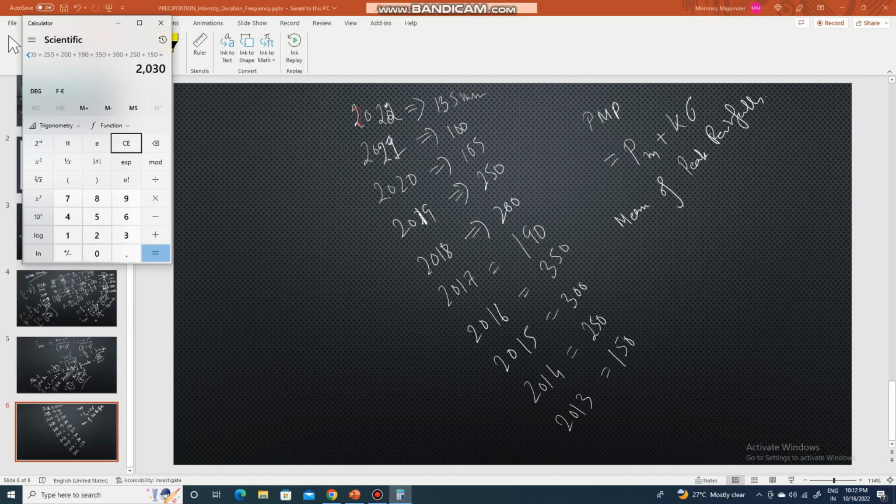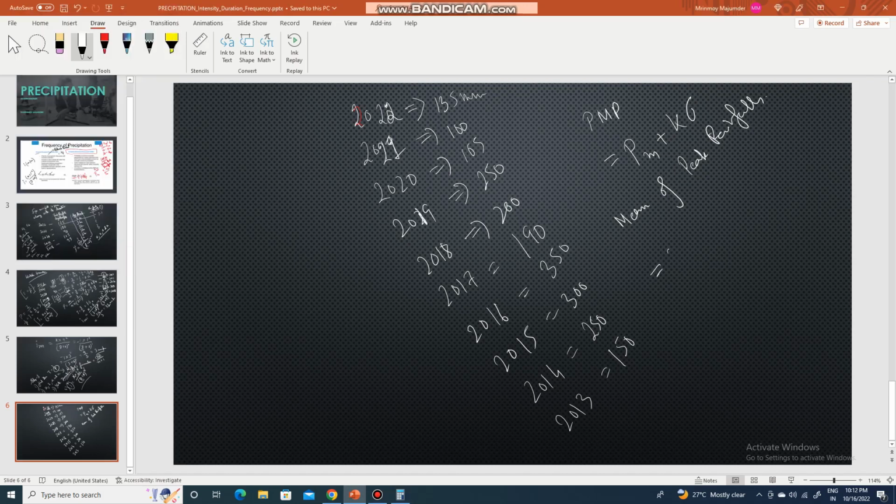So the total summation is 2030. There are 10 number of rainfalls, so divided by 10. So the mean is coming as 203. Correct?